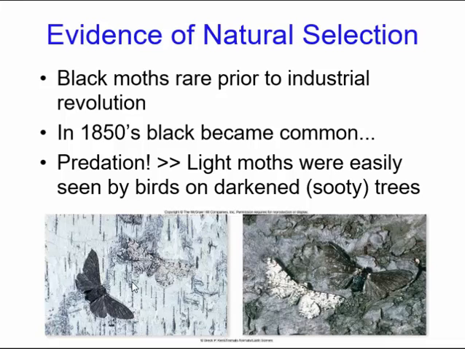Then during the 1850s, the Industrial Revolution, pollution was much more common, and this basically killed a lot of the lichen on these trees, so that you don't get that lighter colored look. Also, the bark is a little bit darker underneath the lichen. Here's where those black moths are going to be favored. This is kind of interesting, where we've seen this over time. And then when we start to recognize this as an environmental problem, we start to clean up some of this air pollution, and we see this trend reverse.